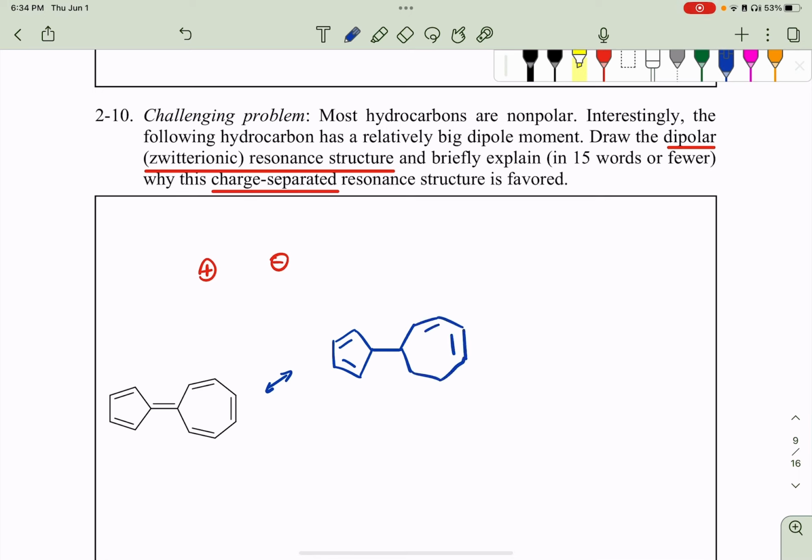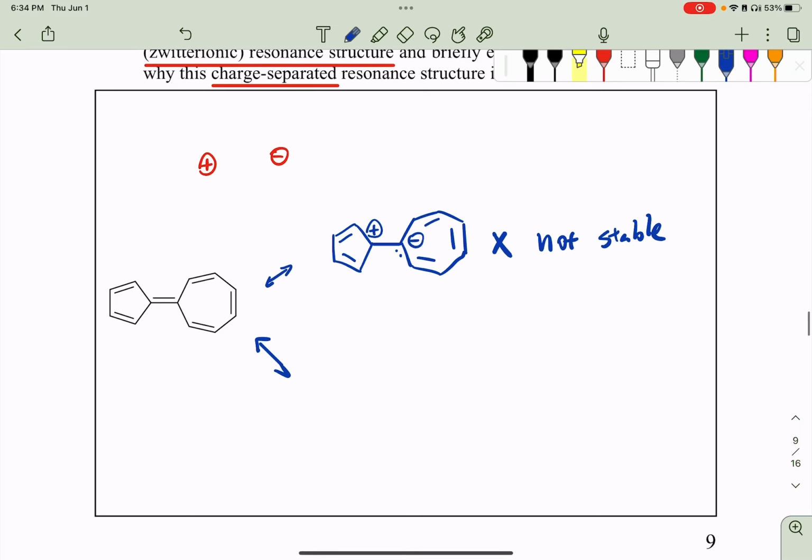So let's say if my 5-member ring has a positive and my 7-member ring has a negative, will the structure be favored? Well, here is anti-aromatic, here's anti-aromatic, so this is not stable. And what about the other way to break down? We have a 5-member ring and a 7-member ring.